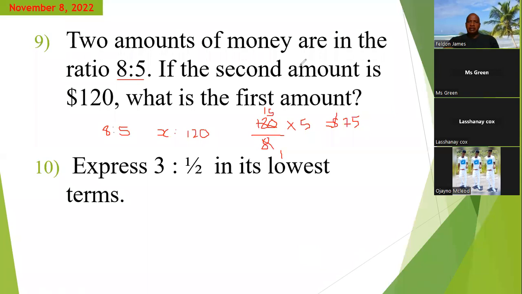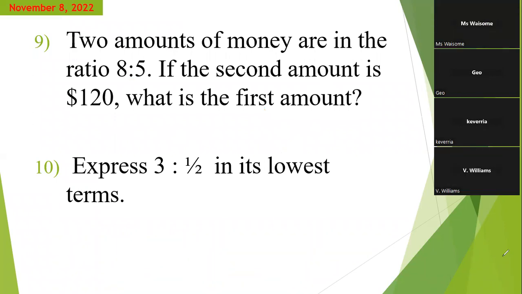All right, Mr. Ajano, do you want to express 3 to a half in its lowest term for us? Question 10. I haven't done that as yet, sir. You haven't done that as yet. All right, let me find out if I can call on Miss Williams.